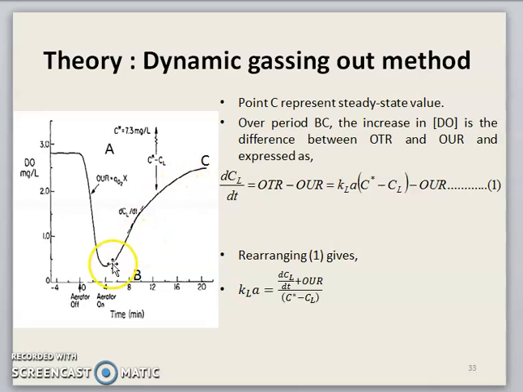Over the period B to C, there will be an increment in dissolved oxygen, and this is expressed by dCL over dt equals OTR minus OUR. Within points B and C, there is both an uptake and a transfer, because we are supplying oxygen, but since the fermentation has microbes, there is also an uptake.